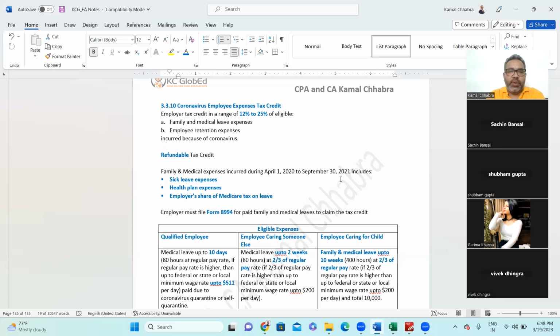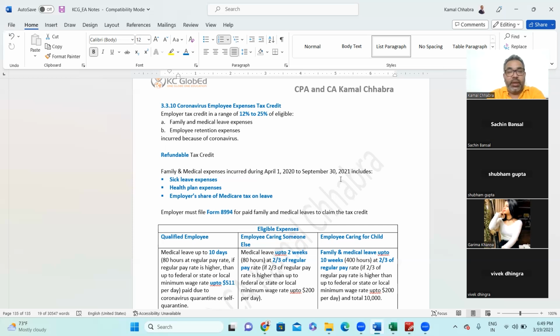So the government has given certain tax credits or benefits to the employer so that they will have a relaxed position for their employees, so that employees can take the benefits of medical leave, sick leave or any such family leave without getting too much hurt on their wages. Second, they have spent a certain amount for the retention of the employee also. Those expenses are also considered here. So this is purely an employer-to-employee side benefit which has been given during the COVID situation, right?